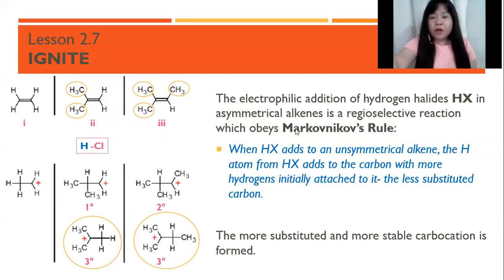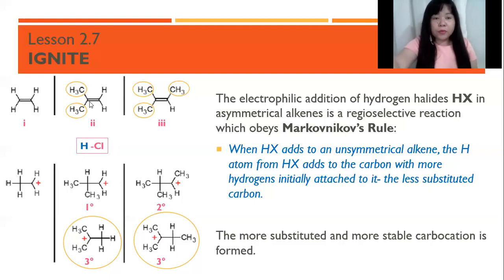Again, Markovnikov's rule kind of focuses on where the electrophilic moiety attaches itself to, because that's the first step in the mechanism. So the electrophilic moiety attaches itself to the carbon with less substituents. So that would be, in this case, here, and in this case, here.